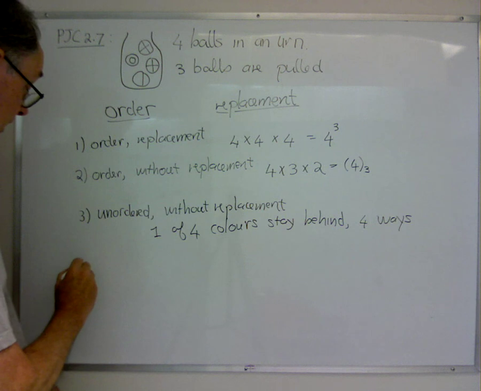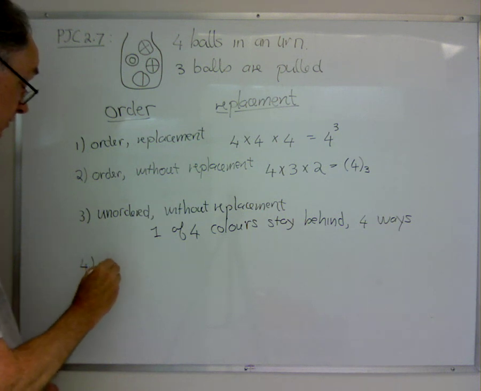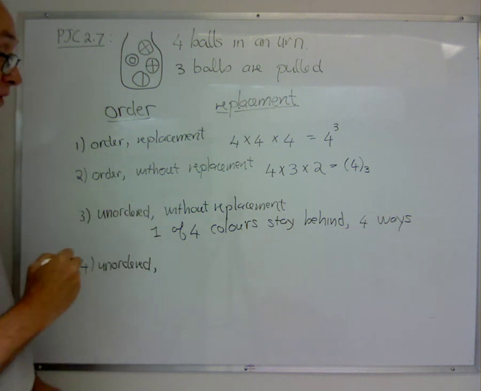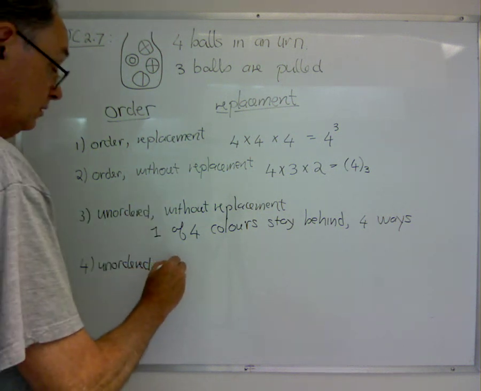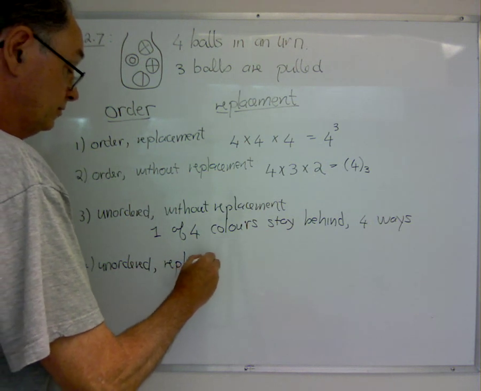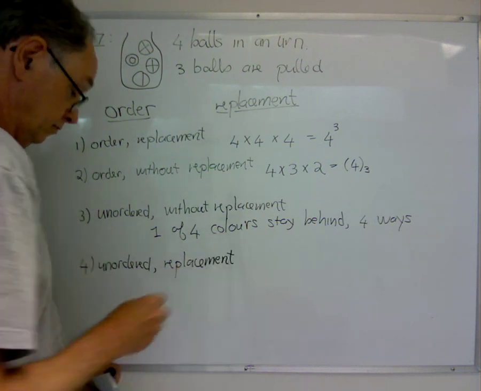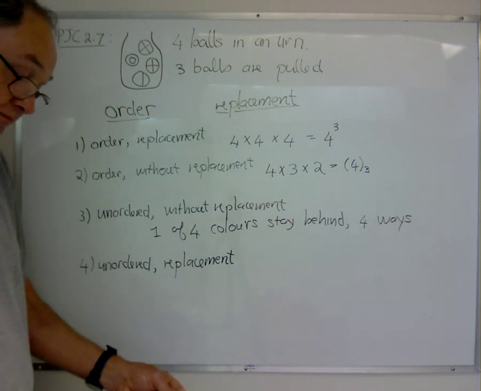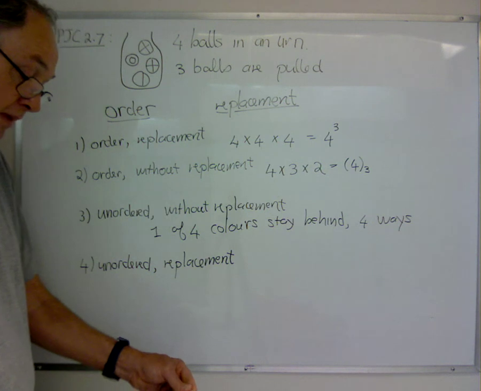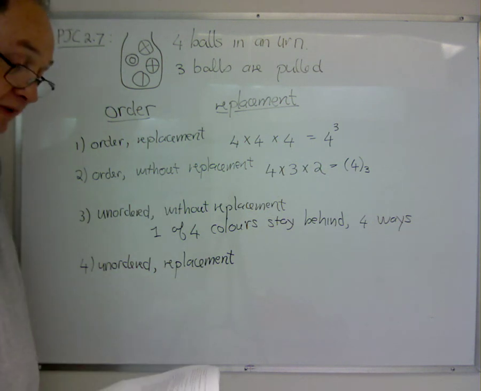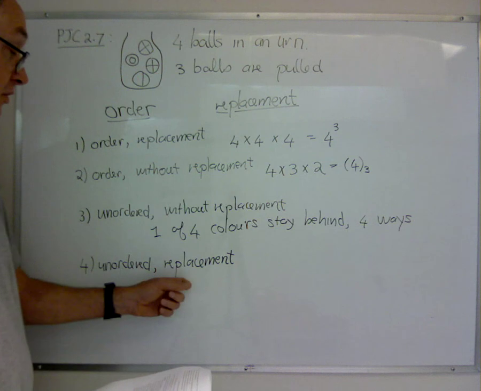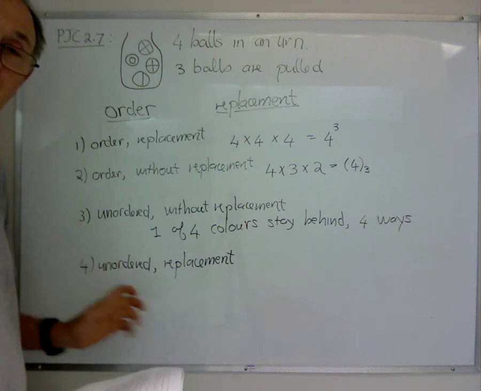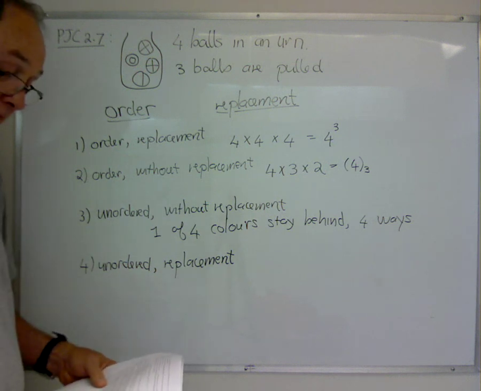And so the 4th thing is unordered again, but now with replacement. So in this case, you have to argue a bit more carefully again, because you're replacing a ball each time, but you want them unordered, you don't want a first, a second, or a third ball.